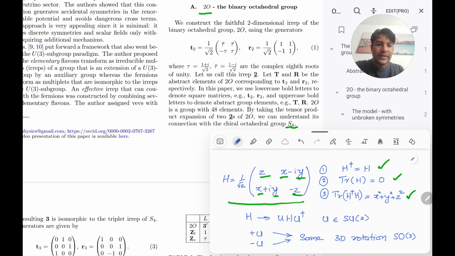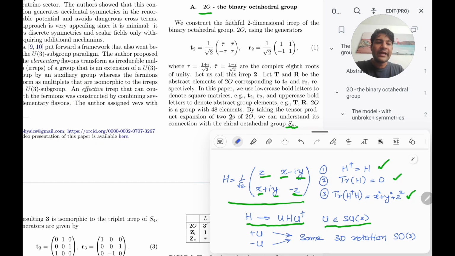Now I'm going to apply a transformation on H given by H going to U H U dagger, where U is a special unitary matrix. It is easy to show that under this transformation, the three points I made earlier, that H is Hermitian, it is traceless, and trace of H dagger H is the square of the length, these three conditions remain invariant. And in fact, this transformation corresponds to a rotation of the vector xyz in three-dimensional space.